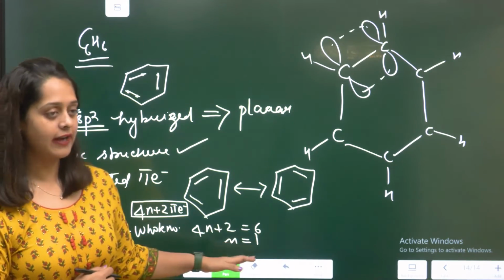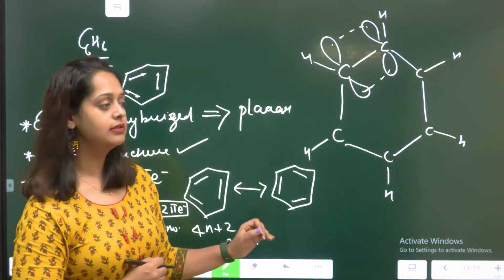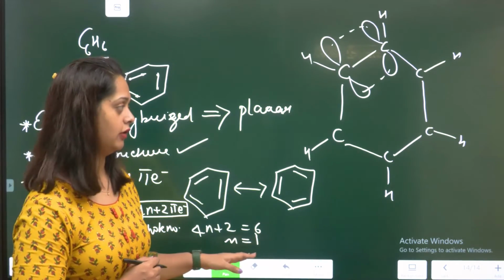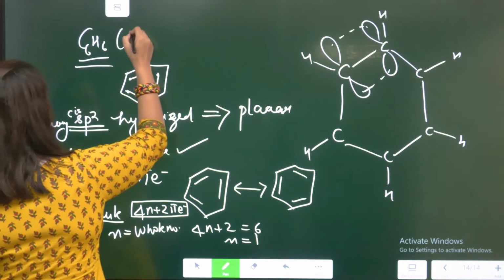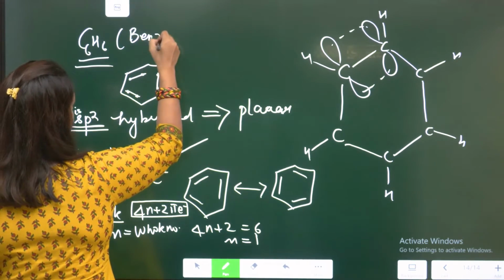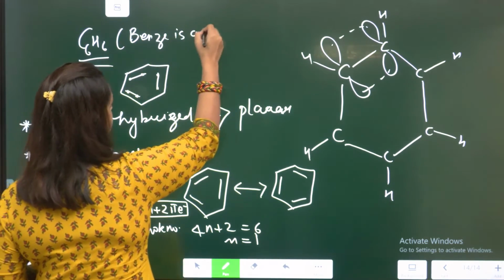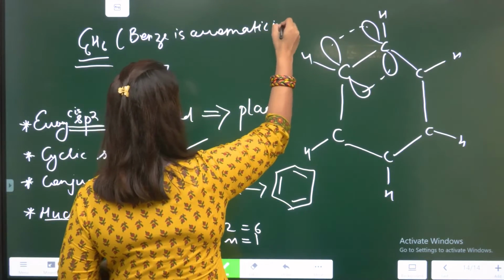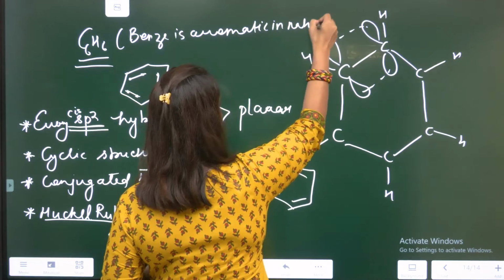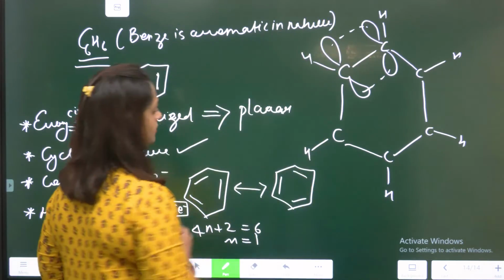Had it been a fraction, then Huckel's rule is not followed. So that is why I can say benzene is aromatic in nature. It falls under the category of aromatic compounds.